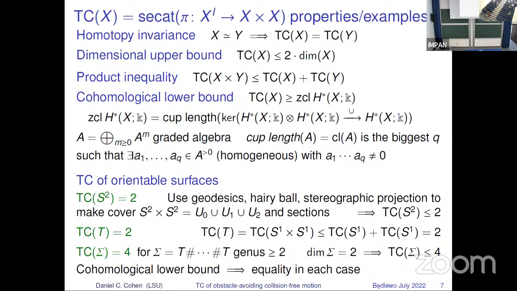For a higher genus orientable surface, the dimensional inequality tells us that the complexity is at most 4. And then in all 3 cases, again, I will leave it to cohomological fans to check that this cohomological lower bound gives you equality in each and every case.